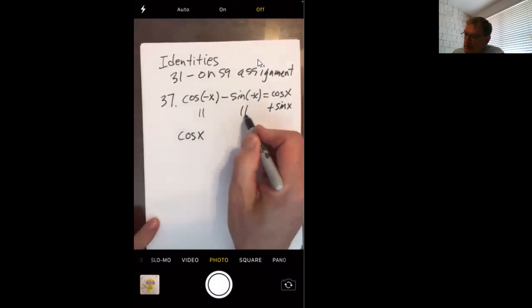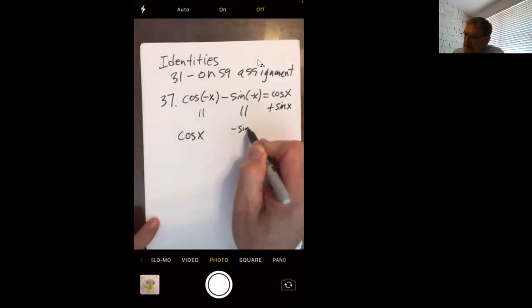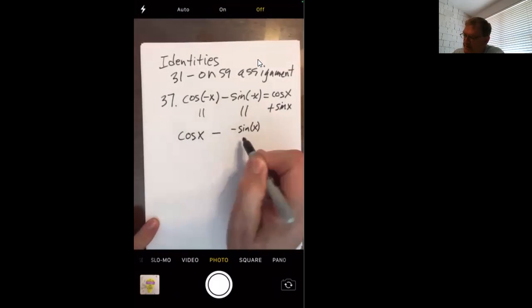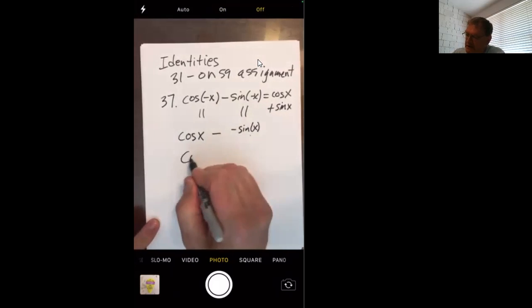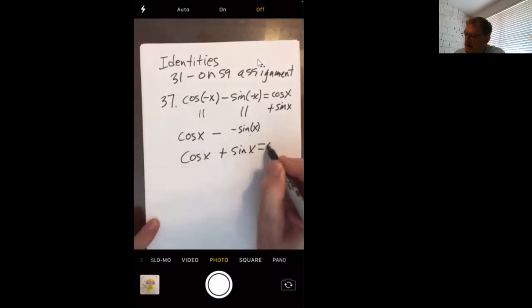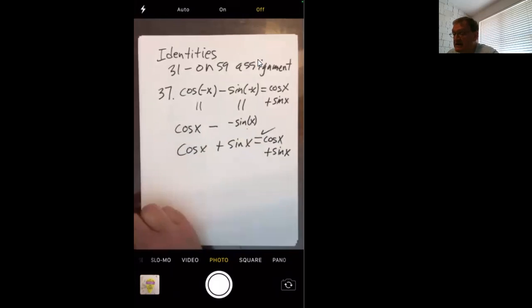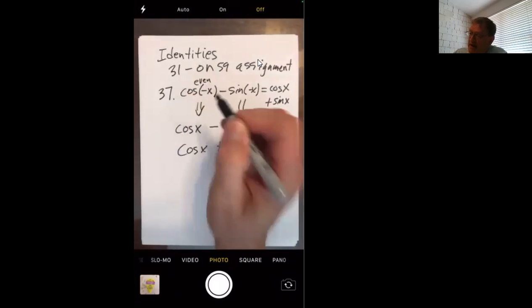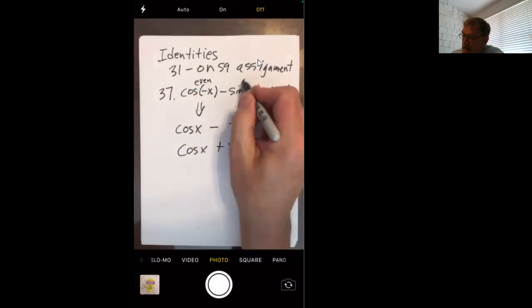And this is equal to a negative sine of x. And there's a negative in front. So in effect, you have a cosine of x, add a sine of x. And on the other side, a cosine of x, add a sine of x. There's much more you can do with that. It's a matter of knowing cosine's even and sine is odd.